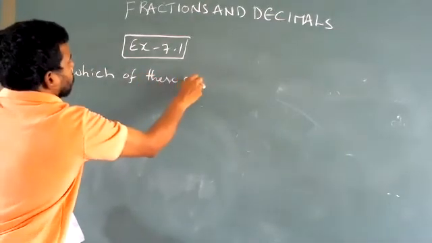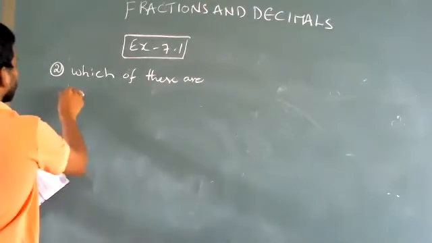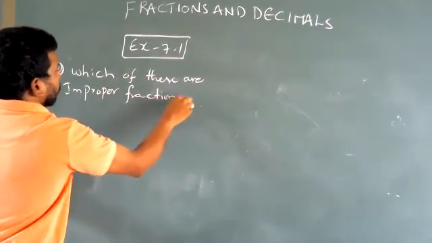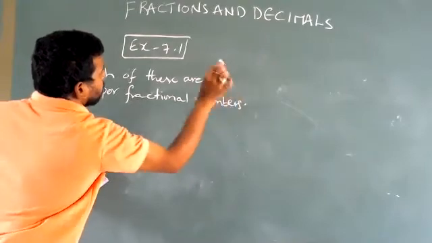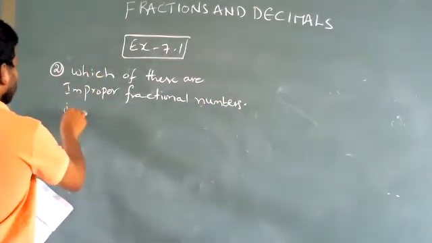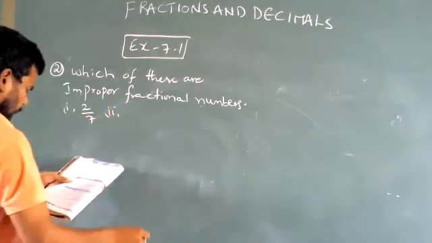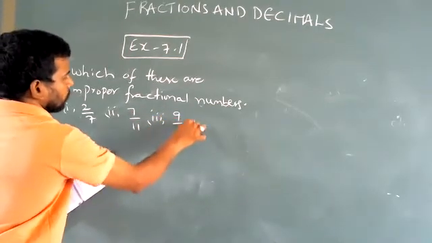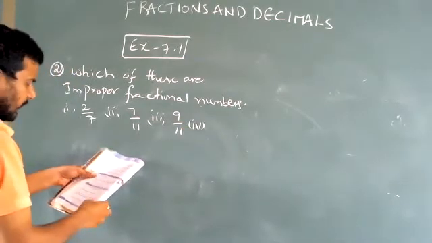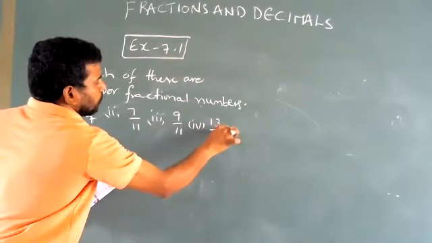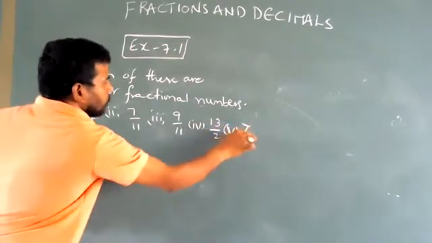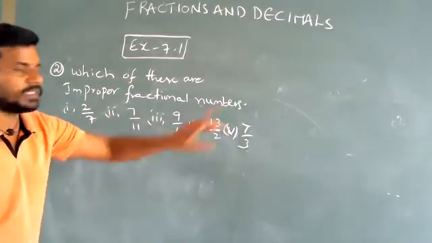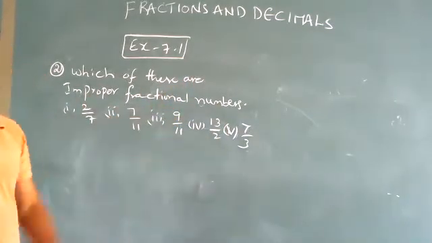First one, 2 by 7, 7 by 11, 9 by 11, 13 by 2, 7 by 3. Which of these are improper fractional numbers?